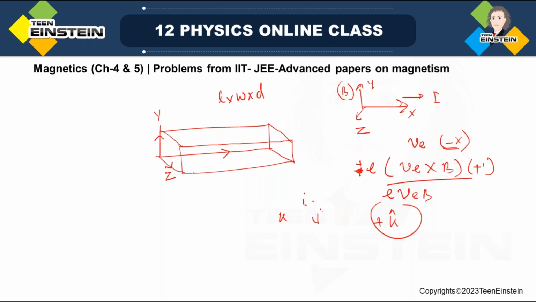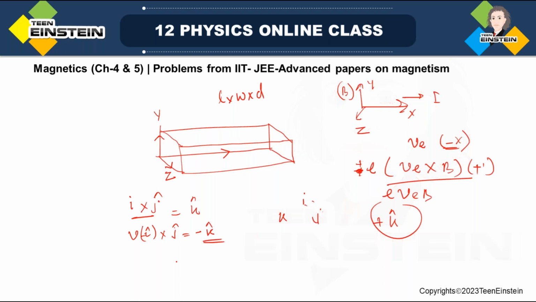Let us see how we get this. Generally i cross j will give you k cap. Now the velocity of electrons is along the negative i direction, so it will be minus k cap.